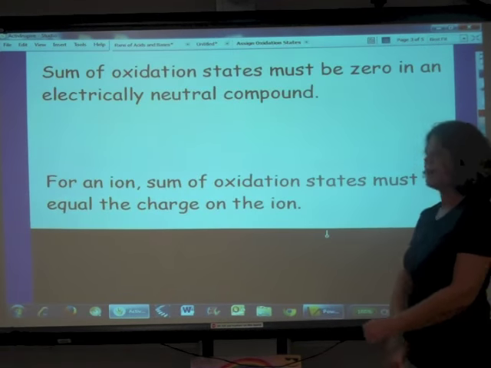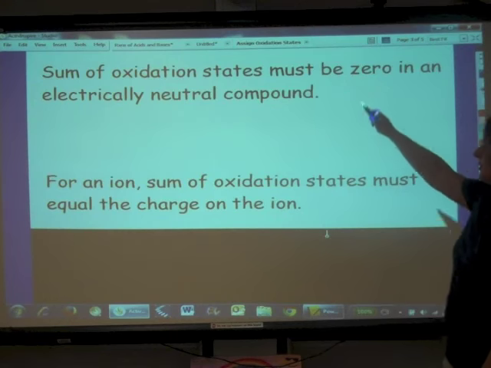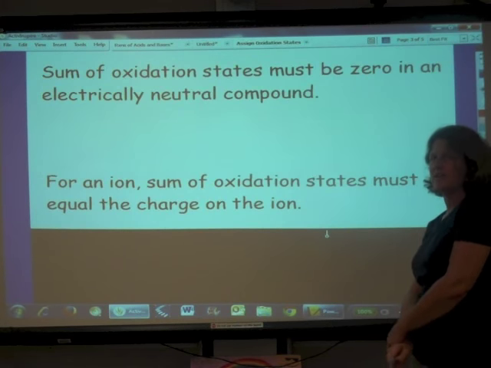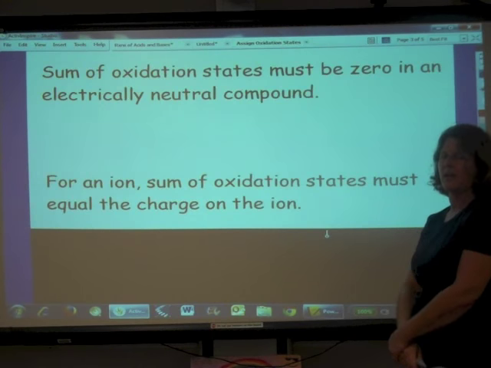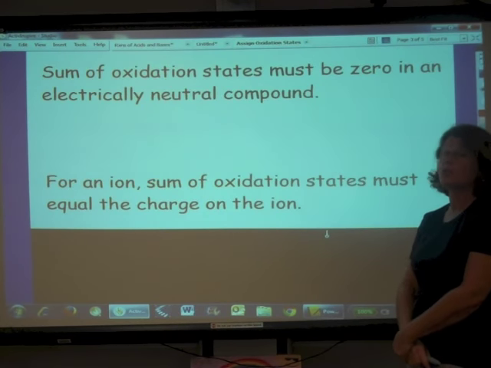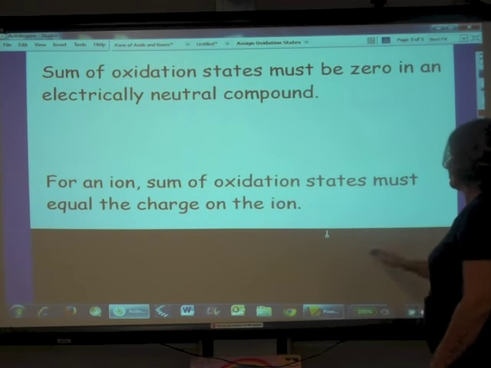And for an ion, and we'll do an example of one, the sum of the oxidation states must equal the charge on the ion. All right, so these are our rules that we must follow in assigning oxidation states. We have a set of guidelines that will guide us into determining known and unknown oxidation states. So let's go for it.